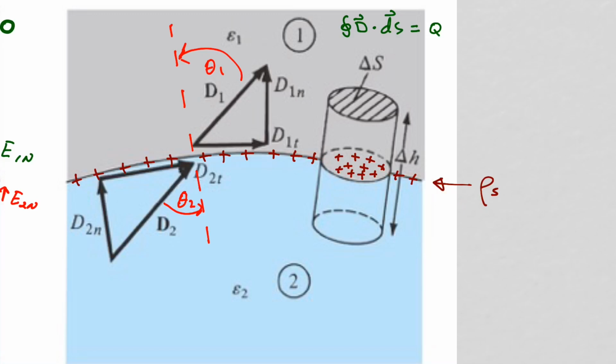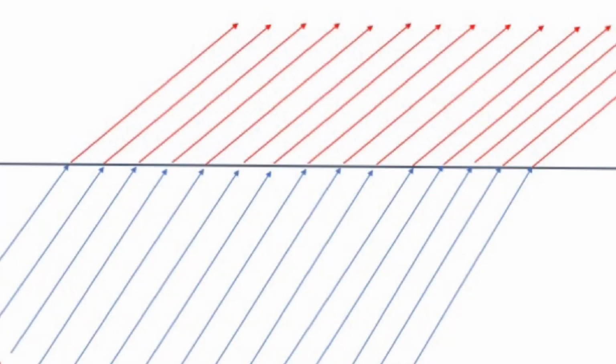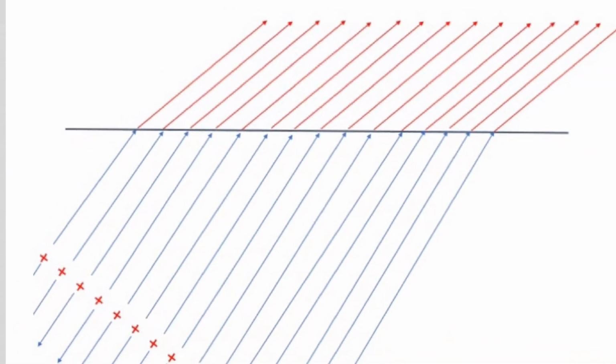Sometimes when this free charge is introduced, it's confusing because students want to think that all the fields are coming from this free charge at the interface. If you go back for a second to the situation without free charge at the interface, you have these electric field lines, but something's generating those electric field lines. In fact, it's probably charge somewhere else.